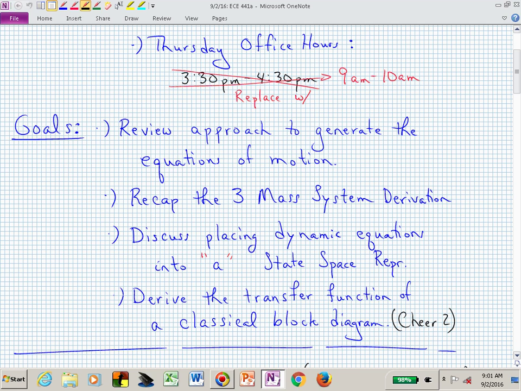Today what I want to do is review the approach to finding the equations of motion for a dynamical system in general, and then I will quickly recap what we've done for the 3-mass system and maybe try to show how this relationship between the positions or the velocities when we're finding these forces actually depends on how we've labeled those, in what directions.